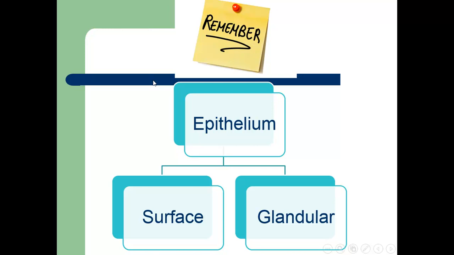This is why we said glandular epithelium is part of the epithelium. So the epithelium can be surface, for absorption, protection, barrier, secretion, or it can be a defined group of cells which has only one function, which is secretion.